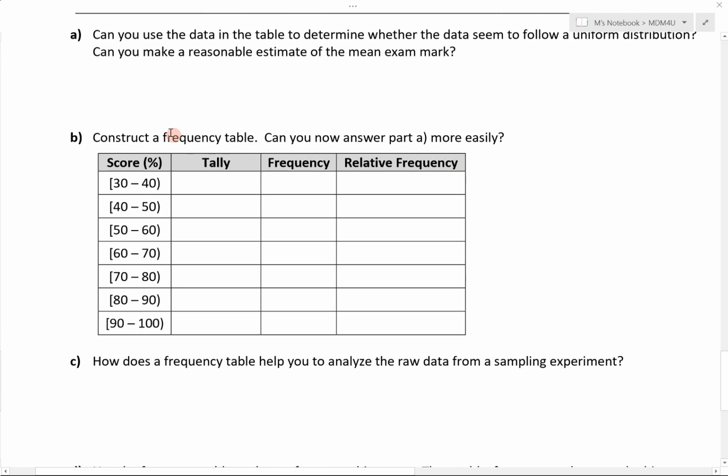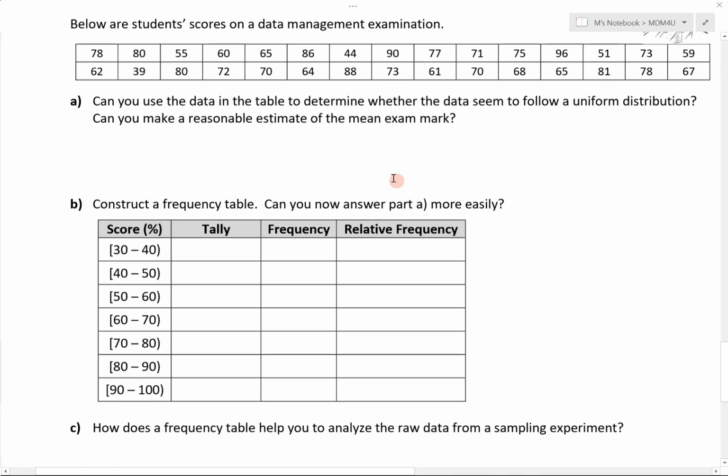So we're going to construct a frequency table here to help us find this distribution and the mean value. If you tallied up all of these numbers here, you'd have 1 for the interval between 30 and 40. You would also have 1 for 40 to 50. And you'd have 3 tick marks here for 50 to 60.